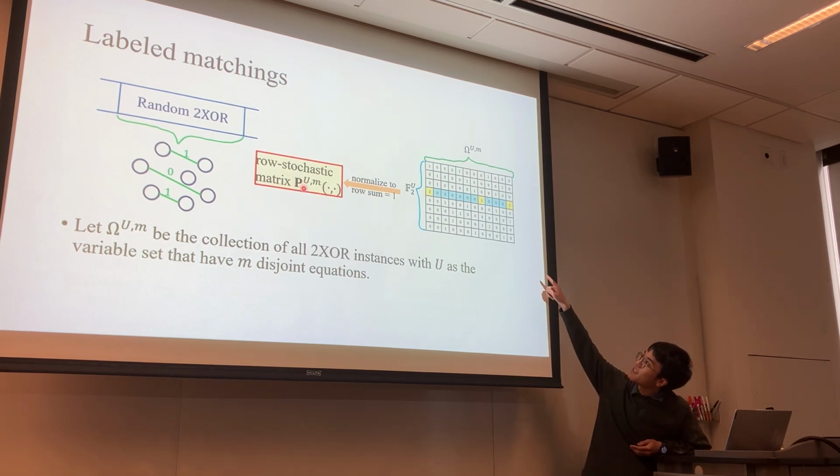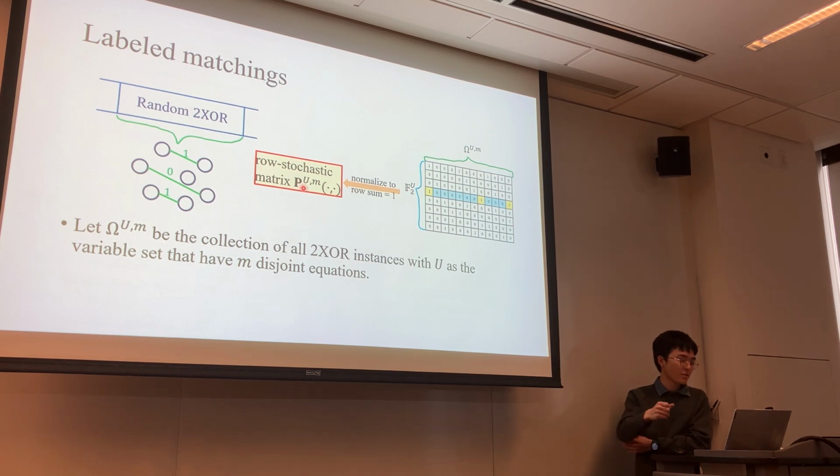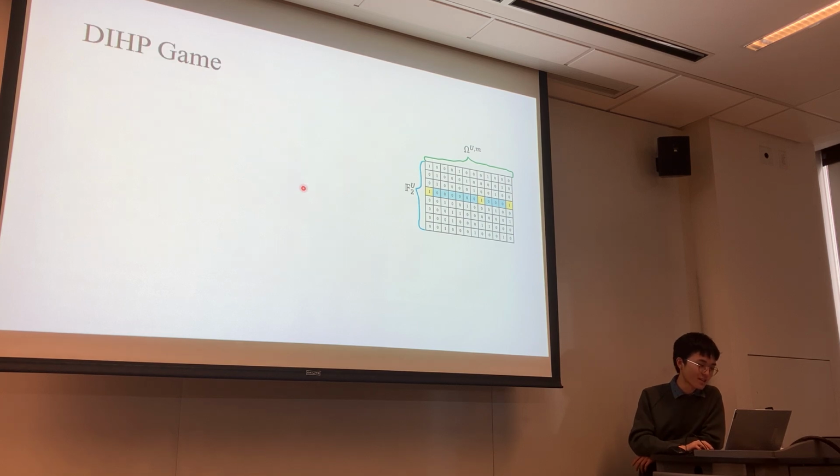This 0, 1 matrix in itself is not really a right stochastic matrix, but we can normalize it by a fixed constant so that each row sums to 1, and this is exactly going to give you the formal right stochastic matrix that specifies this Markov transition from the space of solutions to the space of all systems of equations.